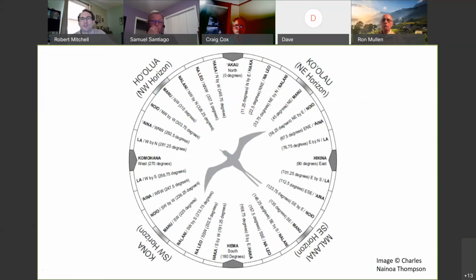And this graphic shows you the directions of each of the individual houses and the directions we think of that correspond to them. So, for example, let's see, where was Noyo Kolau? Over here. So what they call Noyo Kolau, we call northeast by east. What they call Mano Kolau, we just call northeast.